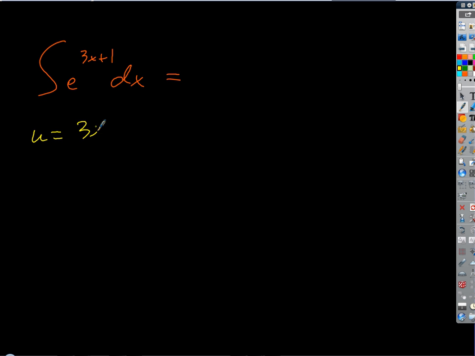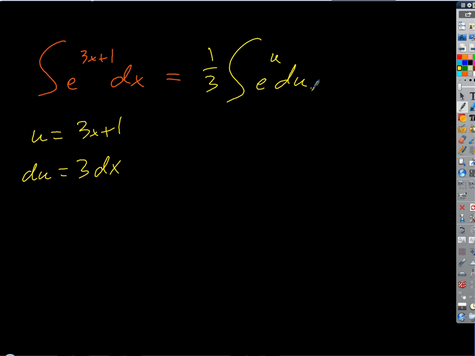So if u is 3x plus 1, what's du? 3 dx. So what do we got then? Well, we've got an integral of e to the u, and dx would just be 1/3 du. Right?